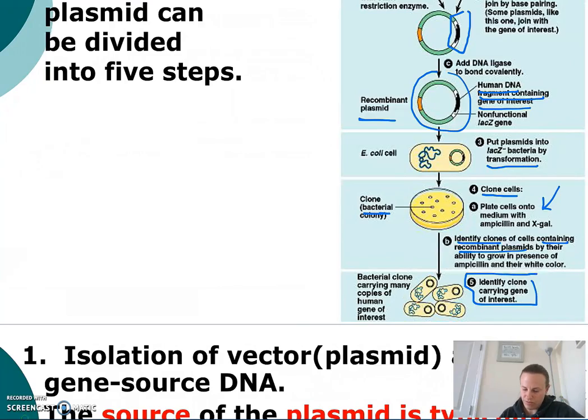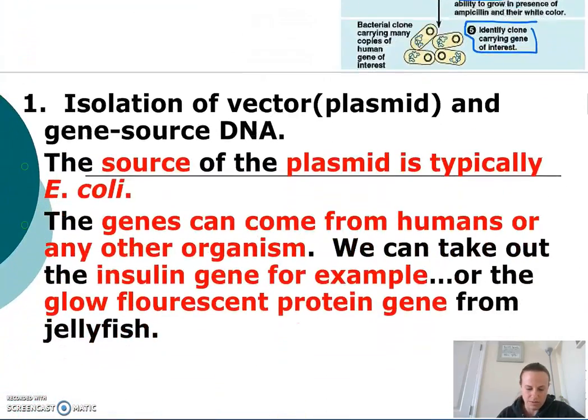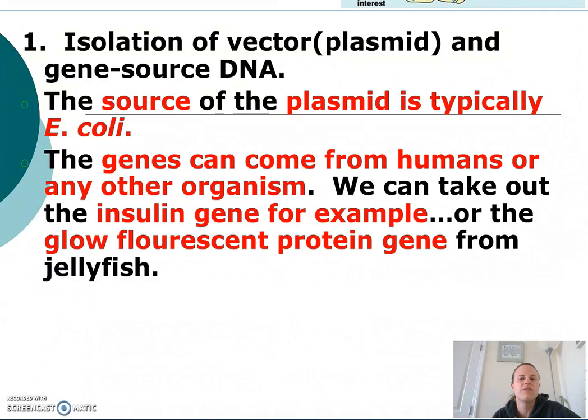So here are those 5 steps written out. The first step, I'm going to isolate the vector, the plasmid, and the gene source DNA. By gene source DNA, I mean the fragment of DNA that contains the gene that codes for whatever it is we're interested in, let's say insulin or the green fluorescent protein.